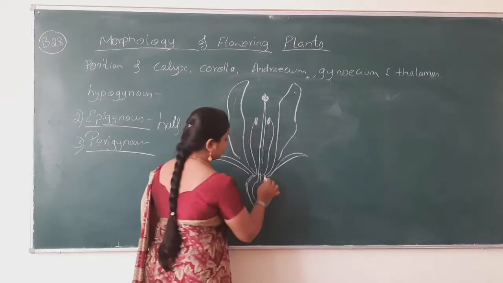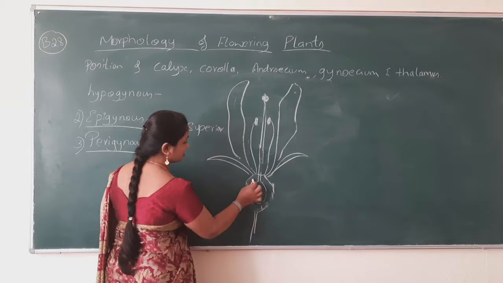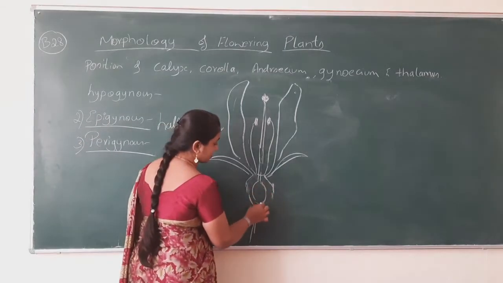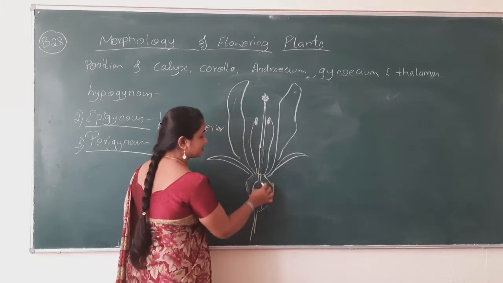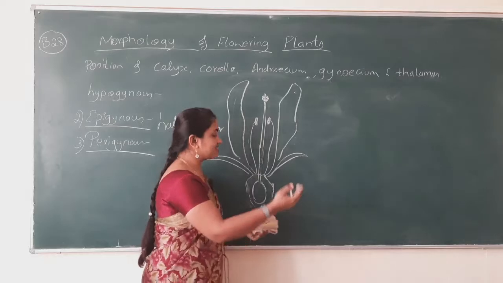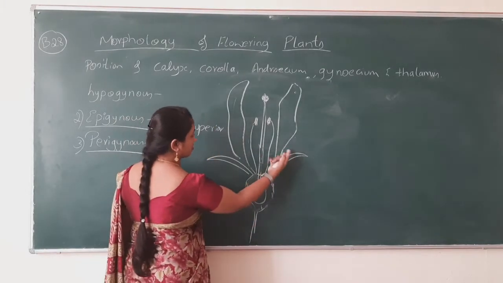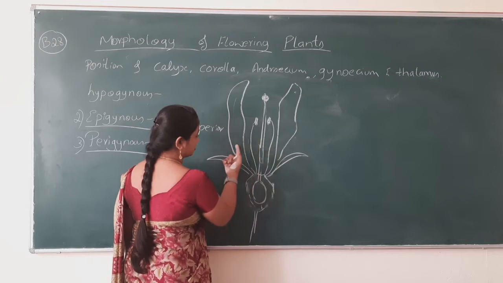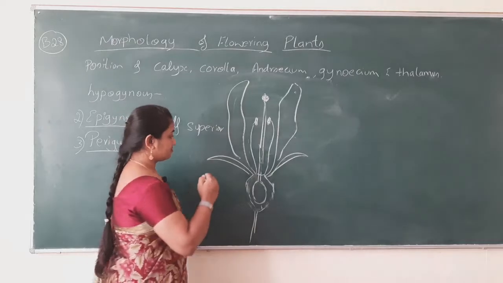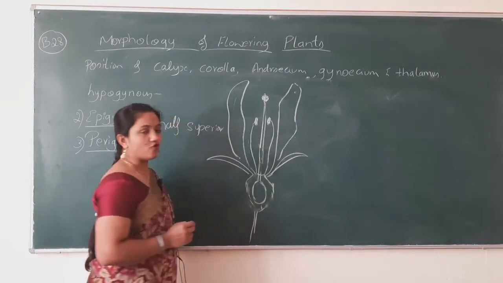Now this is the thalamus or receptacle. The ovary is enclosed inside the thalamus, and all the other essential and accessory organs are arranged on the top of the ovary.